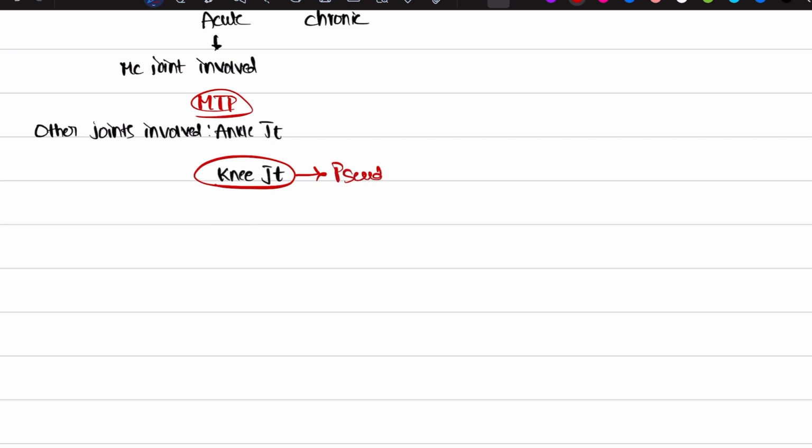Okay, this is a kind of gout, but it looks like gout, but this is not gout. Here the crystals accumulated are calcium pyrophosphate crystals.